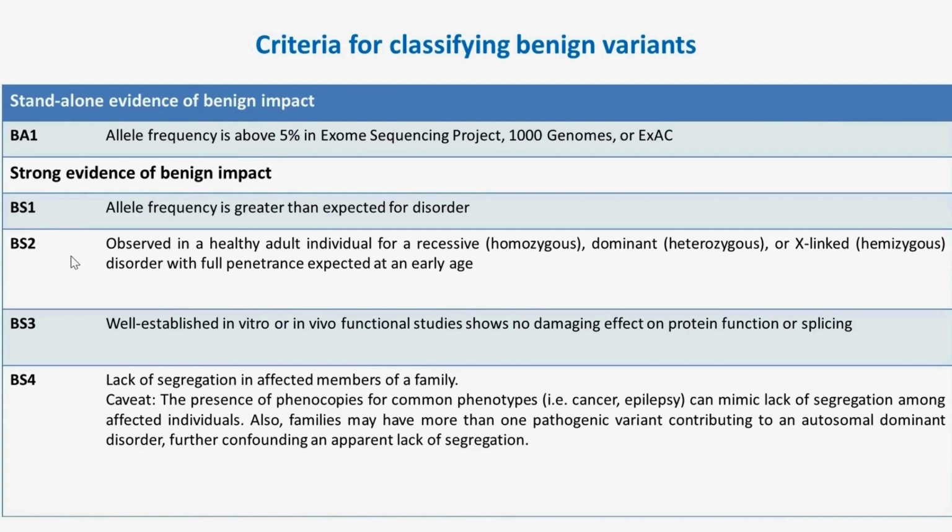Full penetrance means all individuals who have the disease-causing variants have clinical symptoms of disease. Then BS3, when well-established in vitro or in vivo functional studies show no damaging effect on protein function or splicing. BS4 includes variants where there is lack of segregation in affected members of a family.